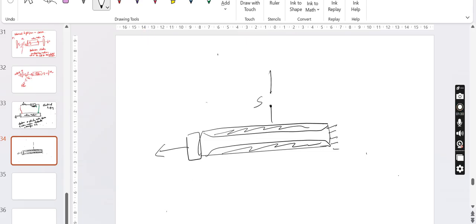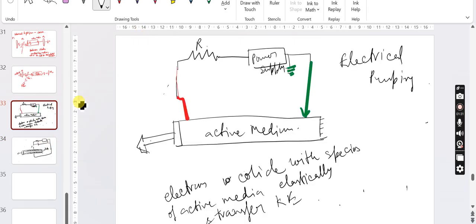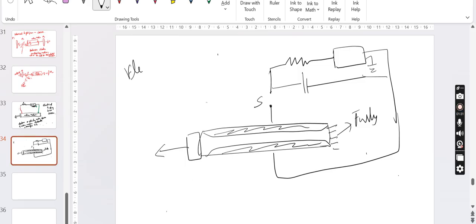And there is a switch S, the power supply, and the capacitor. This is for the CW laser, and this is electrical pumping for the pulse laser.